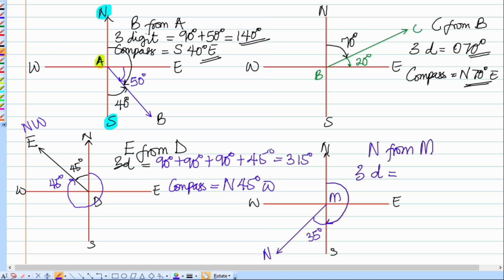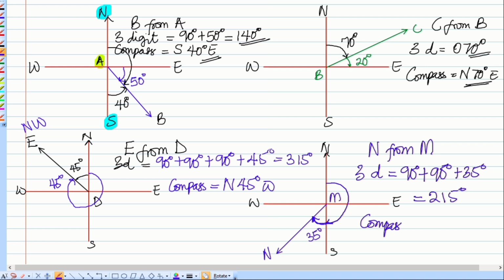From north to east is 90 degrees, east to south is 90 degrees, and then from south to the line which leads us to M is 35 degrees. So 90 plus 90 is 180, and 180 plus 35 is 215. So that will be 215 degrees.